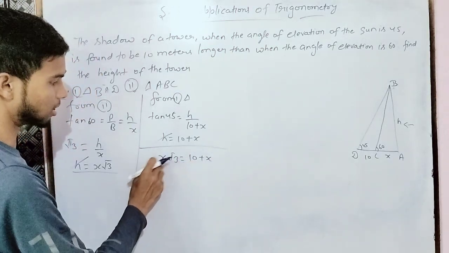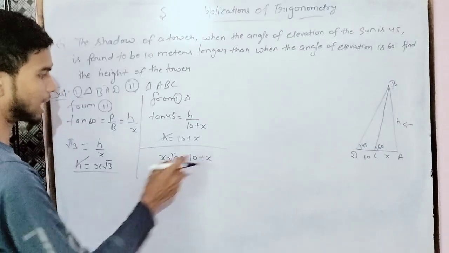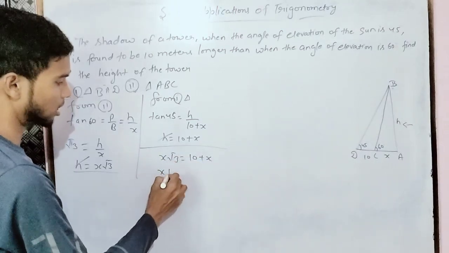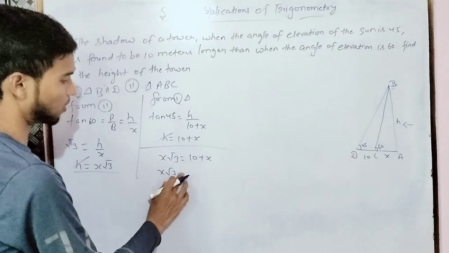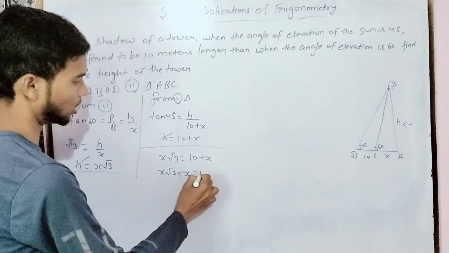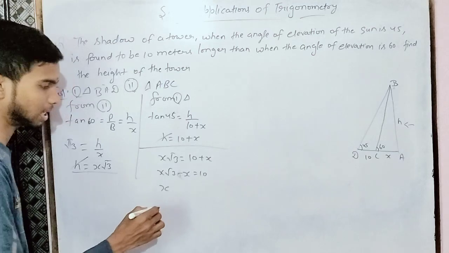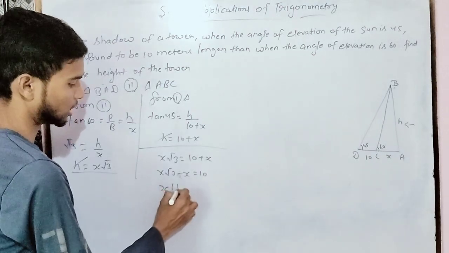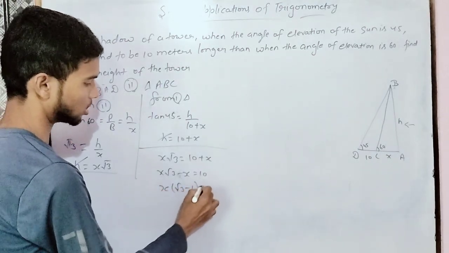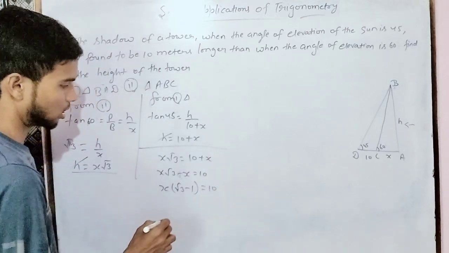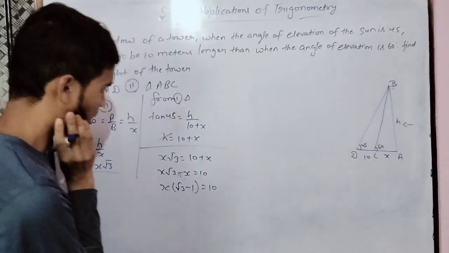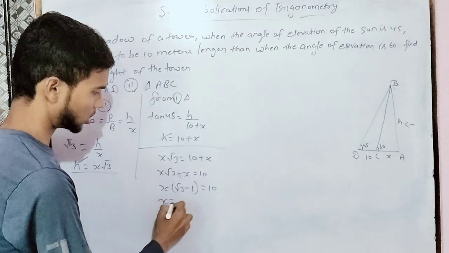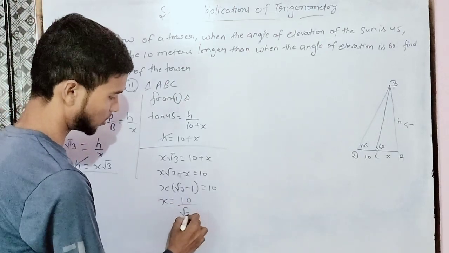Because of this we are getting the same X variable on this side. So this side will be minus X equals 10. X can be taken as common. X times root 3 minus 1 equals 10. So finally we have X equals 10 upon root 3 minus 1.